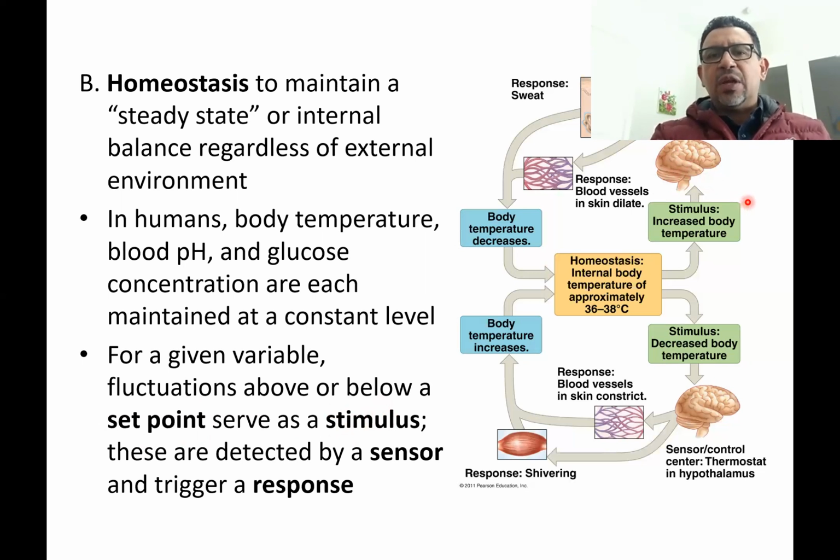So let's take a look at what happens in the case of this increased body temperature. Our brain is going to serve as a sensor or a control. The sensor is an organ or tissue capable of detecting that something has changed. We have broken the steady state. The brain is going to respond by sending electric impulses.